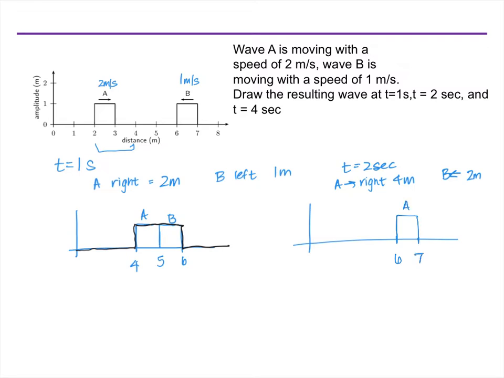It stops at 7. B would have moved 2 meters to the left, and so its beginning is at 4, and it's 5. So this is where B is. B's going this way, A's going this way. And so the sum of the two, which I'm going to outline in black, is going to look like this.